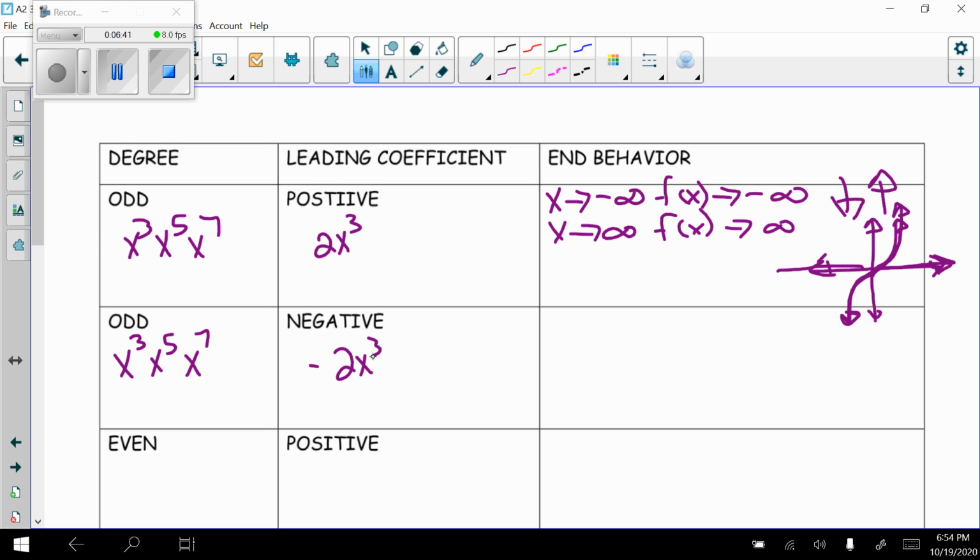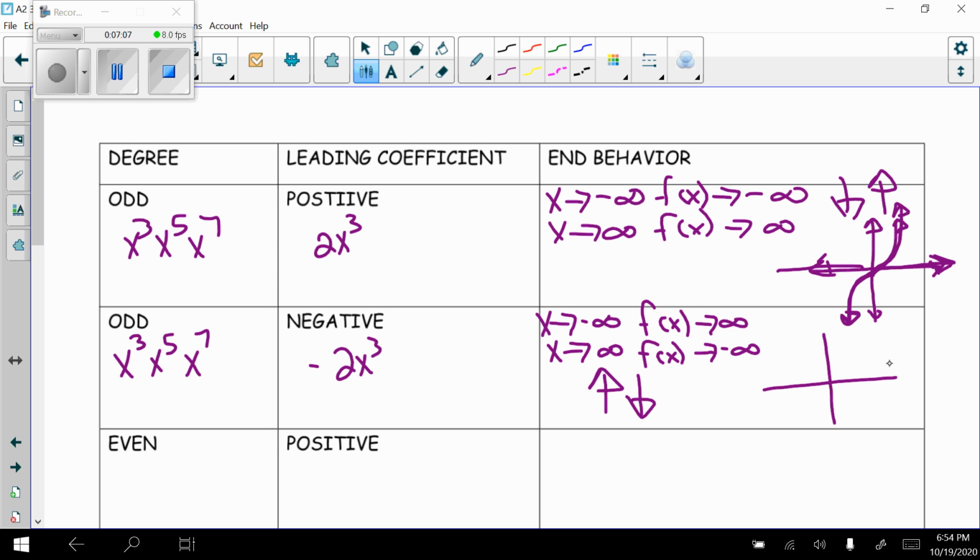So this is just the opposite of the one above it. So here, as x approaches negative infinity, f of x approaches positive infinity. So my y's just change. As x is approaching infinity, my y's approach negative infinity.